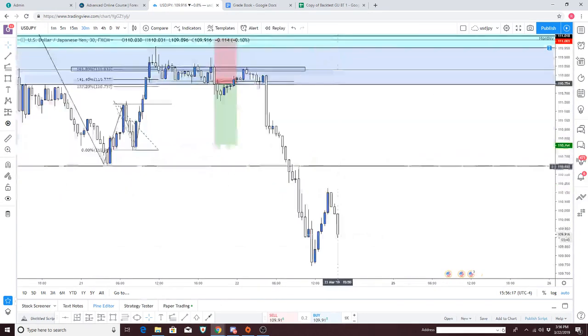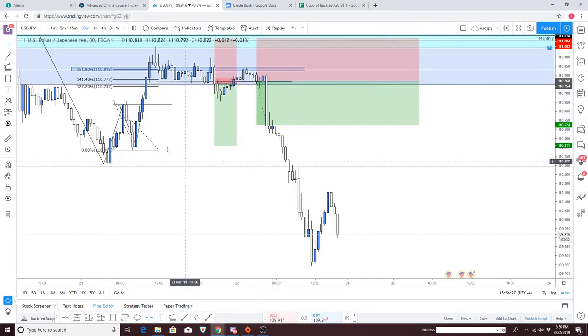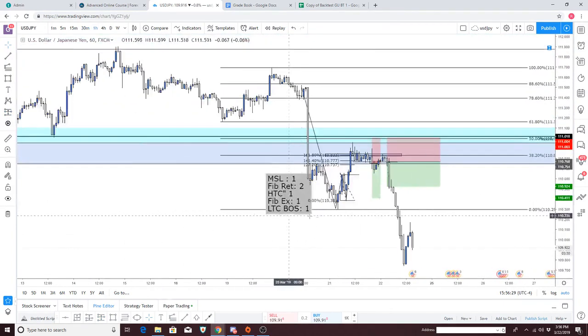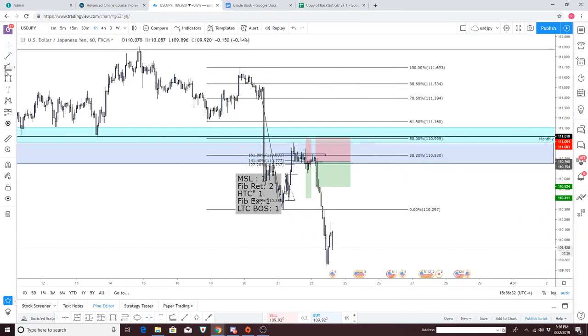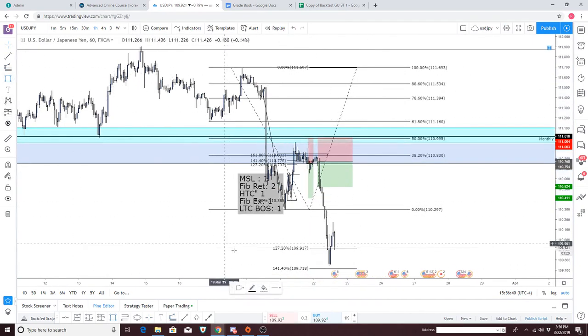Then we had a retest, another pullback to this level of resistance, and right once this candle closed, we had that nice lower low close pattern, same stop loss level. But this time, which level did I personally target? Well, this time I targeted an extension level for my second order, being the 127.